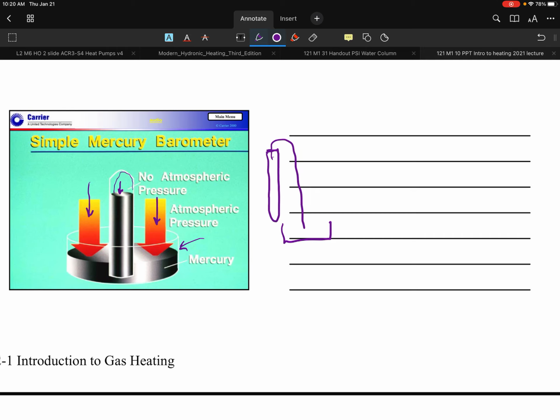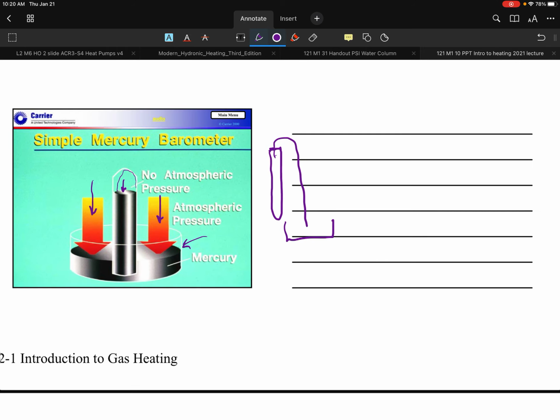Now, in a mercury barometer, standard atmospheric air, we always say, is roughly about 29.92 inches of mercury.